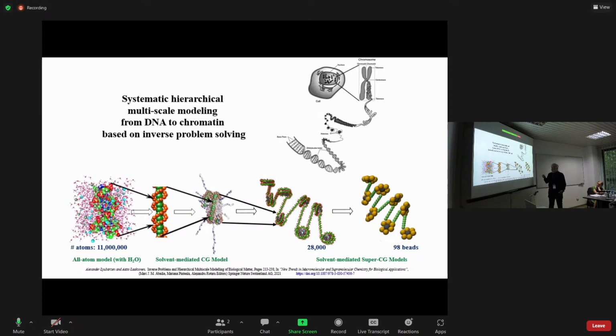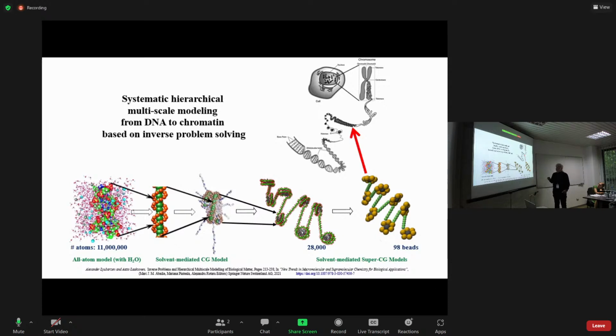And this is one piece of this chromatin, and it contains only 98 beads. And if you go back and describe this on all-atom level, you would need 11 million atoms to describe exactly the same piece.